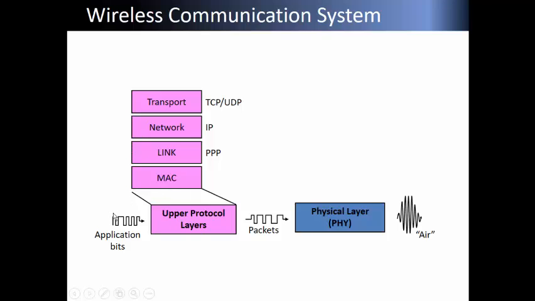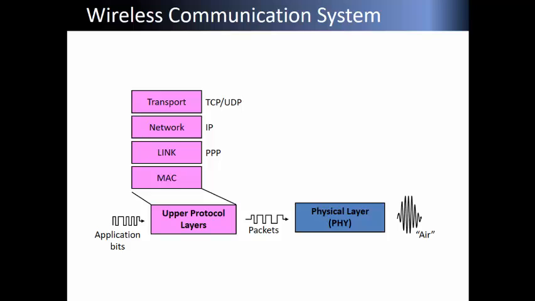So through this physical layer, the application bits can be packed in packets, and then packets will be mixed with the carrier signal. And if there are multiple signals coming in, then multiple access.